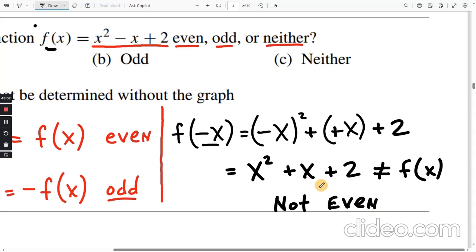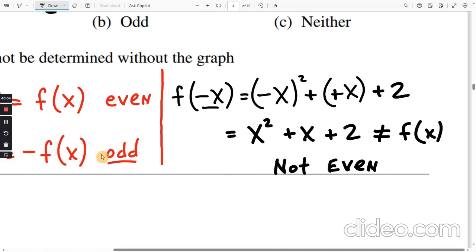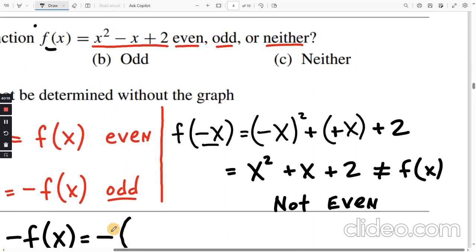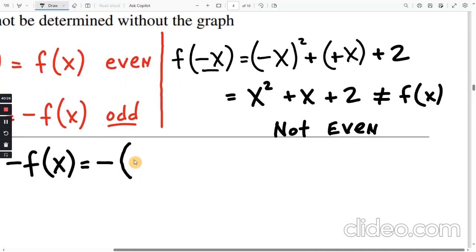So now we have to find negative f of x to see if it's odd. We're just going to negate the entire function. It's a negative sign times the entire f of x function. So in parentheses, x squared minus x plus 2. This is f of x right here, and we're negating it. So distributing, negative x squared.